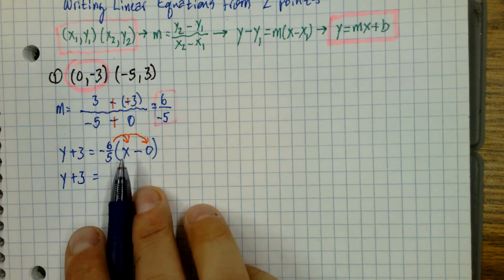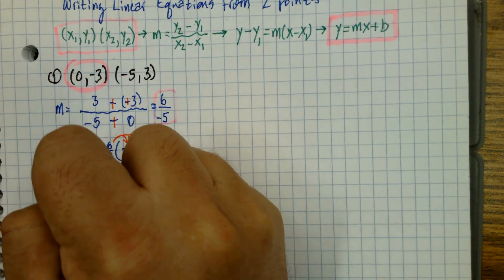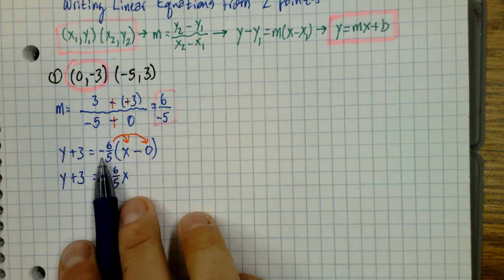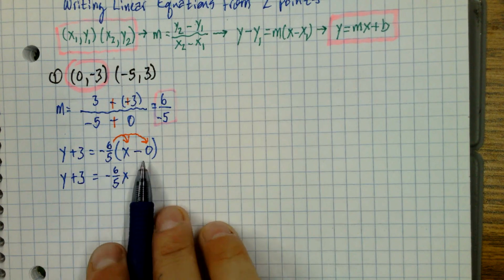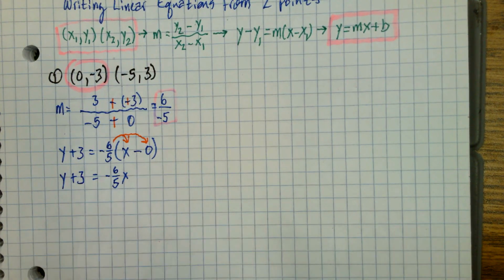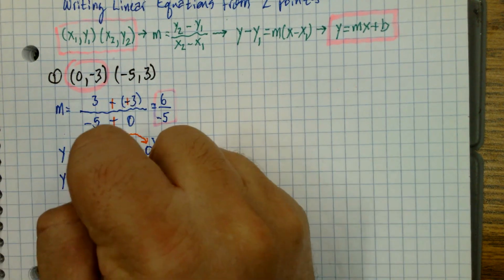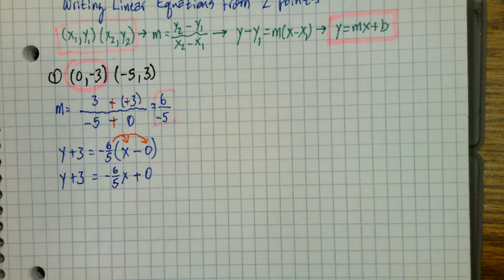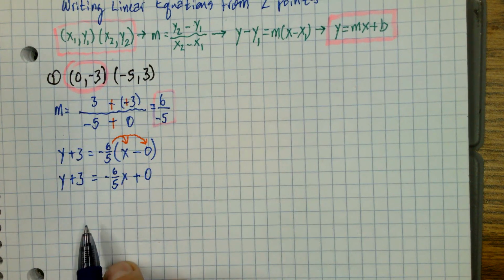I multiply negative 6/5 with x. Let's write that down. What's going to happen when I multiply negative 6/5 with 0? It's 0. And it's also negative times negative, so that's positive, so it's plus 0. So that part that sometimes gets a little messy with the fraction and multiplying, not so bad.